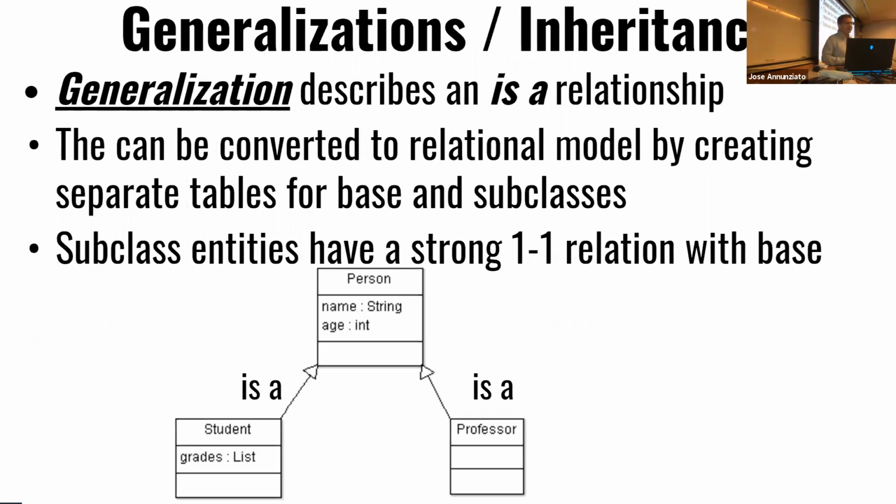Generalization is another type of relationship where you declare a base class, and then you have derived classes where the base class defines fields that are common to both of them. The others are special cases.